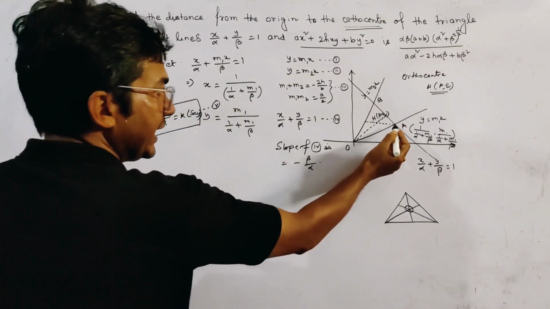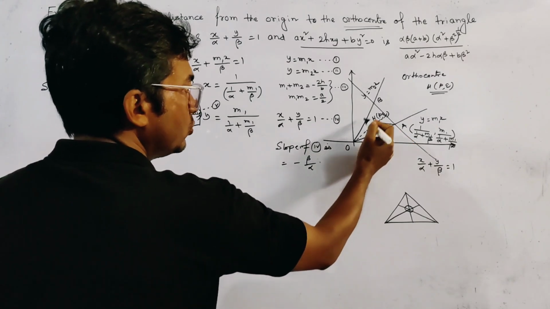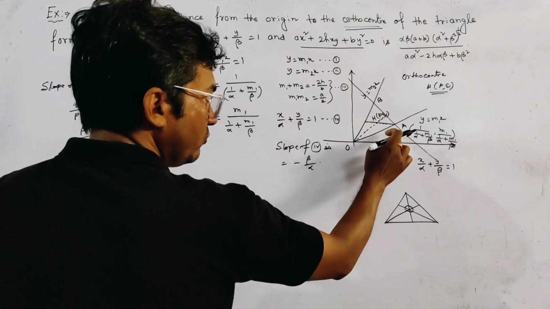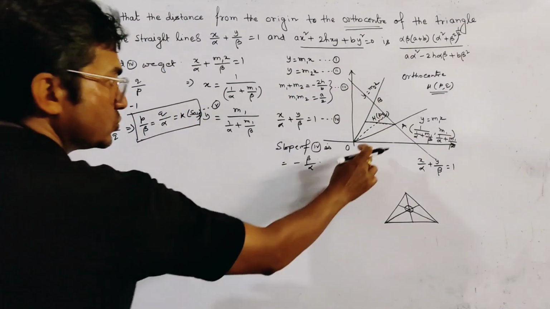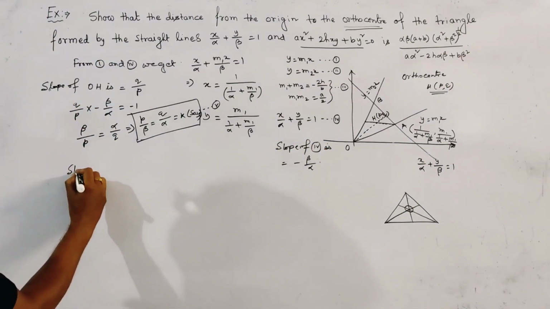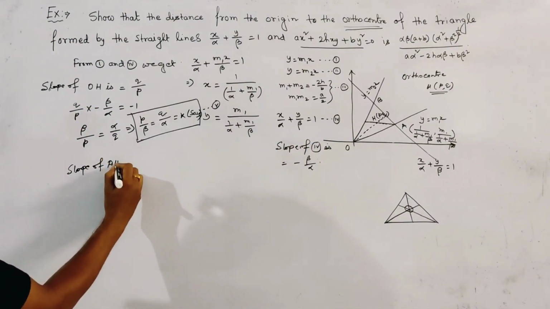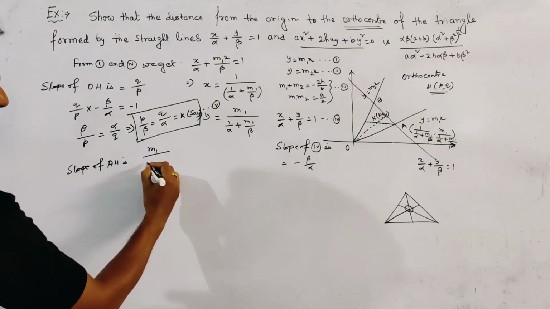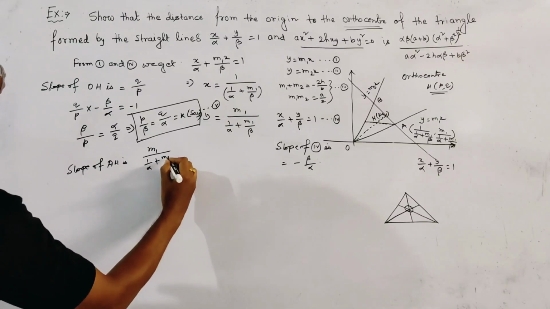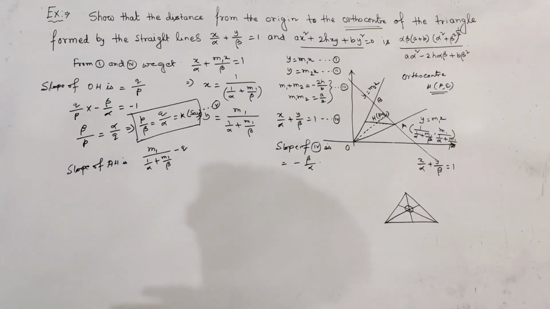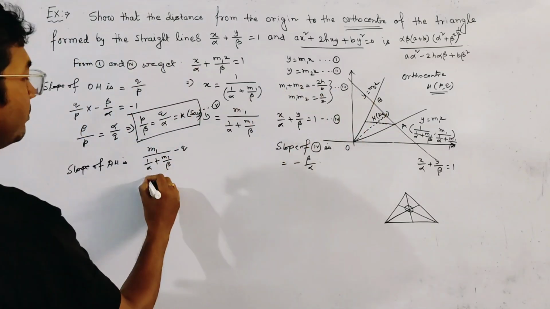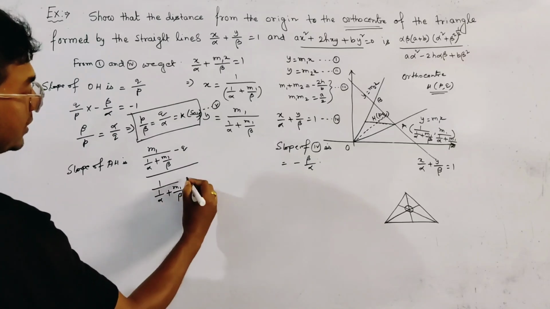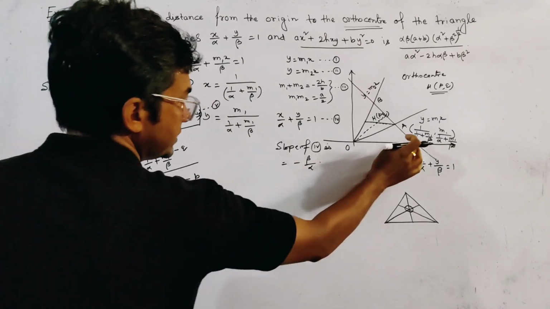Now AH is also perpendicular to OB, and we know that the slope of OB is m2, but we have to find the slope of AH. The slope of AH is given by (m1/(1/alpha + m1/beta) - Q) divided by (1/(1/alpha + m1/beta) - P), that is (y2 - y1)/(x2 - x1).